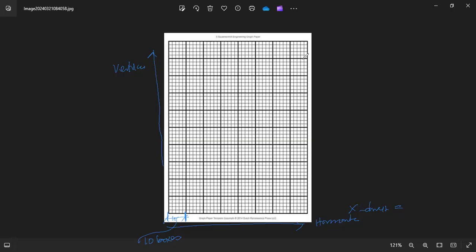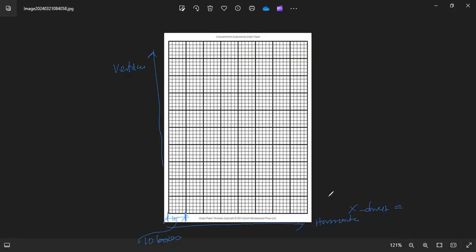On a certain graph sheet I have here, I count 1, 2, 3, 4, 5, 6, 7, 8, 9, 10 on the horizontal. So if you count yours and it's 8, that's fine. But in our case now, on the horizontal, we are going to use 10.